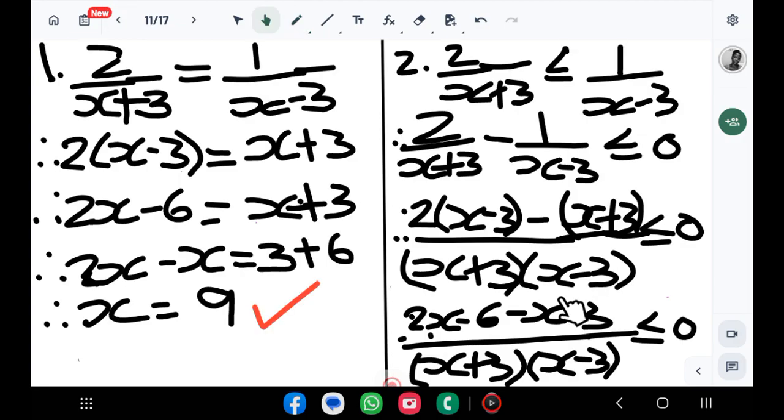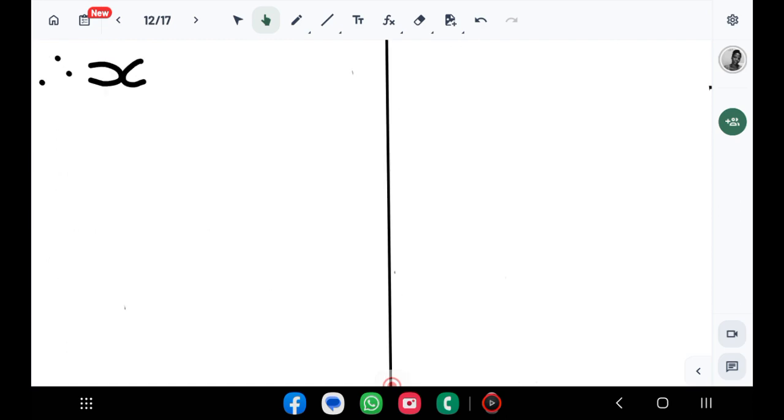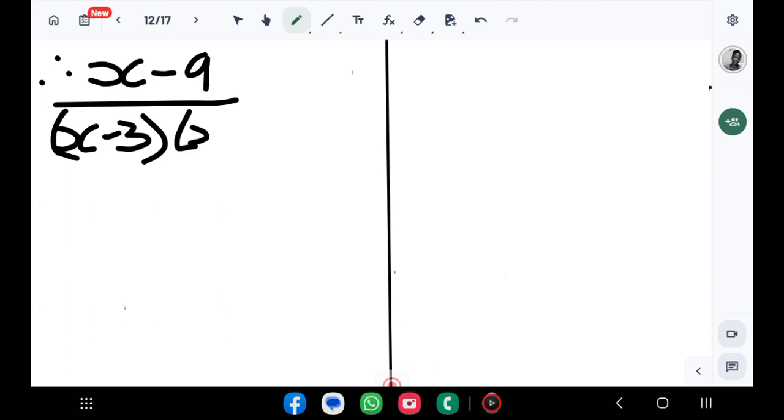And then minus 6 minus 3, that is negative 9. So x minus 9 is your numerator, over the denominator, which is the lowest common denominator, less than or equal to 0.